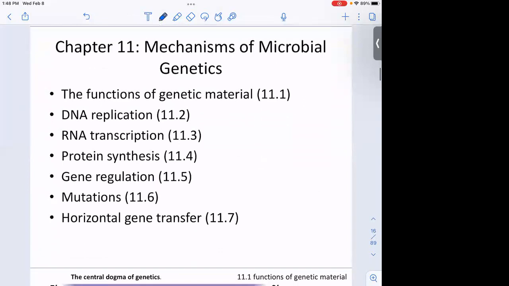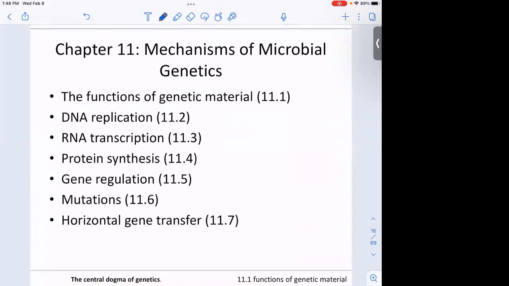So that's the basics. That was chapter 10, the basics, as we lead up to thinking about these processes and how DNA is made, how RNA and how proteins are made. Looking ahead at chapter 11, the functions of genetic material.